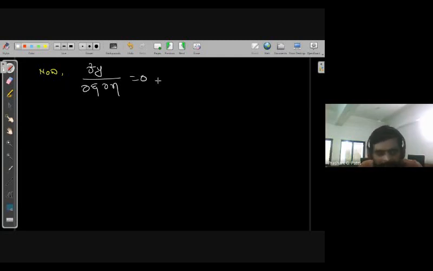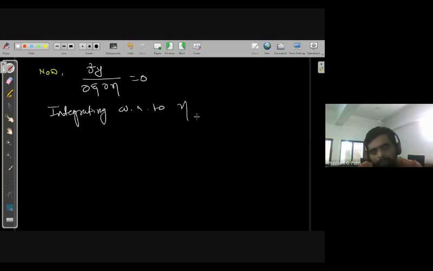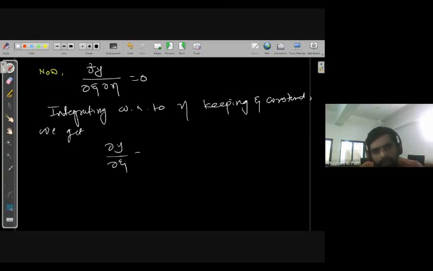If I integrate this with respect to eta, keeping xi constant, we get del y by del xi is equal to a function, because we are integrating with respect to eta.